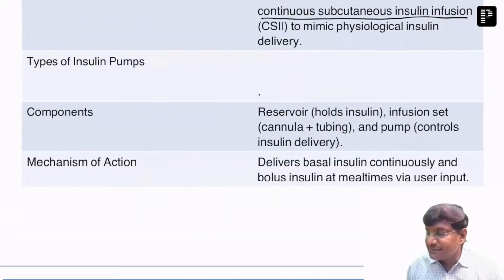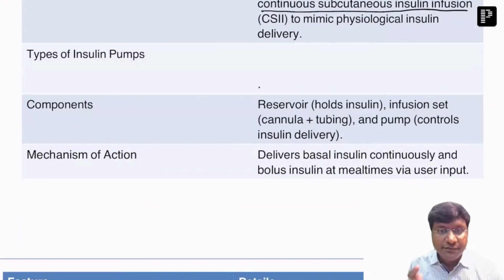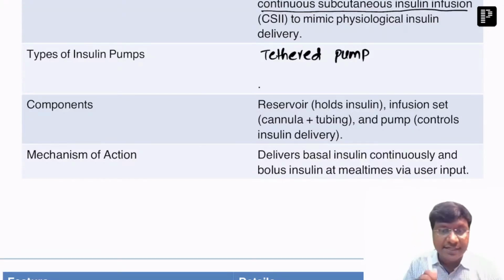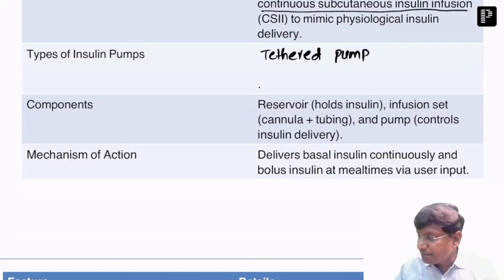And if you take the types of insulin pumps, we have two types of pumps. One is the tethered pump, and the other one is the patch pump.